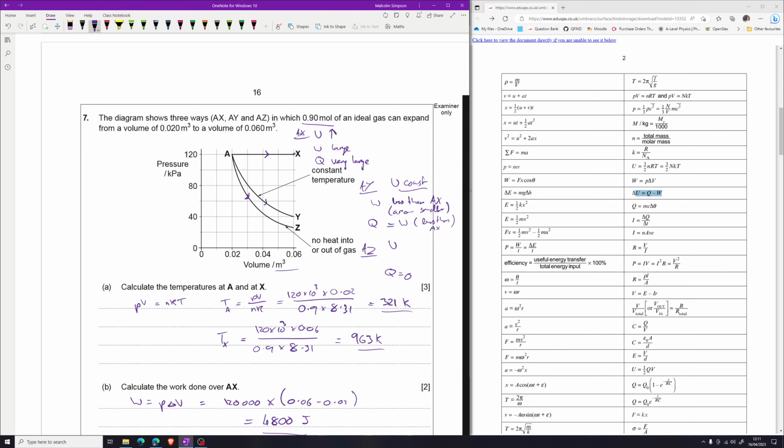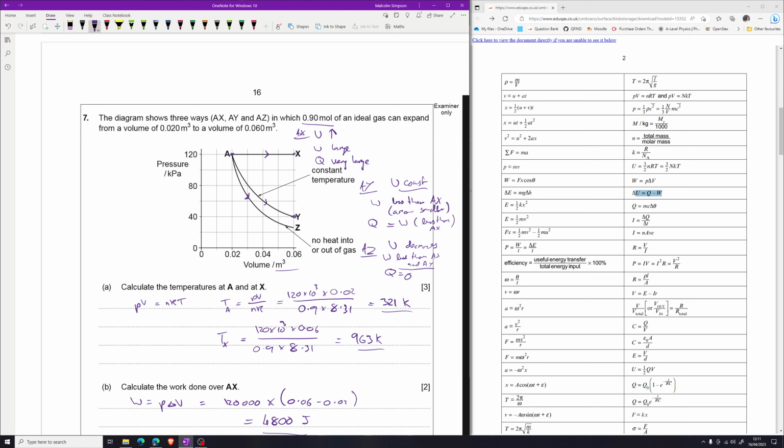U, internal energy, has decreased because if Y is at a constant temperature, they both obviously started off at the same temperature, and Y has ended up at a higher temperature than Z. So U has decreased, whereas AX increased, and W is less than AX and AY, and must surely be equal to the decrease in internal energy.